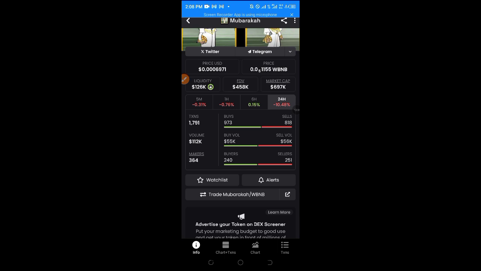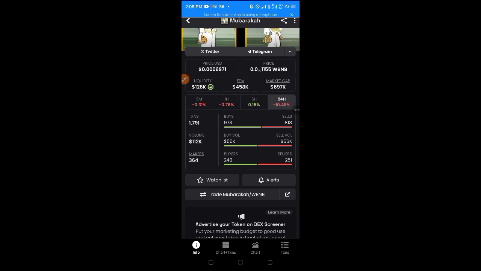These are real people, 364. Imagine you have 1,000 buyers and the makers are just 20, 10, 50. That means some people or a particular bot is repeating multiple transactions to deceive you that people are buying it, not real people. So you want to make sure that there are real people around this project.